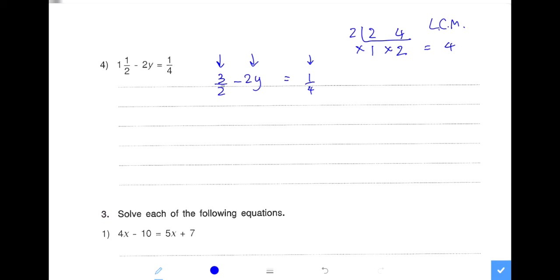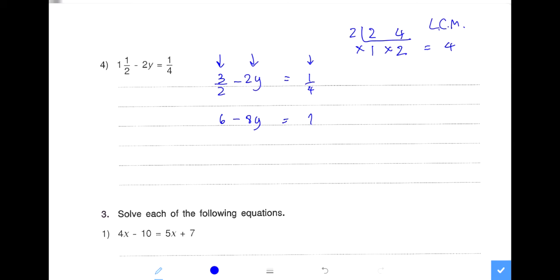We multiply 4 to this. If you have a 4 there, 2 and 4, you have 2, and 2 times 3, you have number 6. So it's 6. And then here, if you multiply 4 there, 4 times 2 is 8. And if you multiply 4 here, 4 will cancel with 4, and you have this number 1 left.